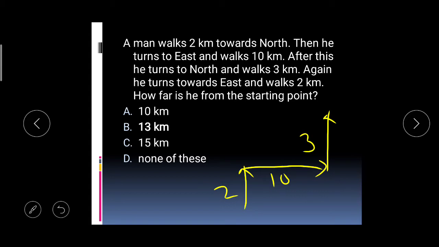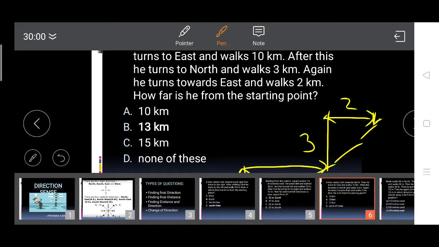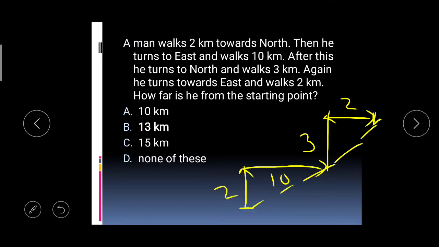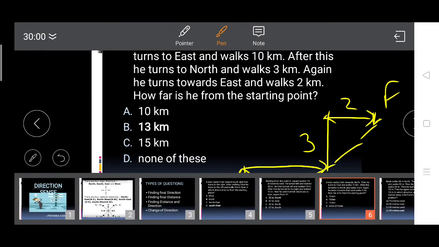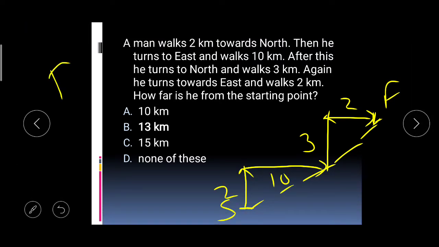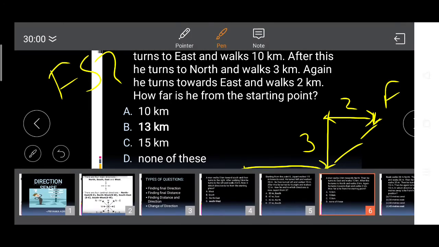Again, he turns towards east and walks 2 meters. Now, you need to tell me how far he is from the starting point. This is the starting point, this is the final point. I need to tell this distance, what is the distance between start and final.